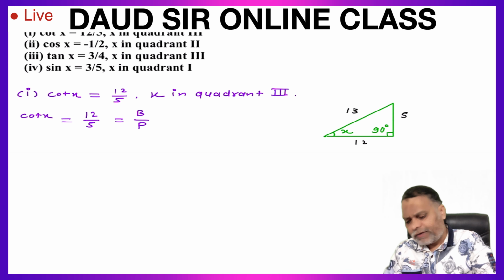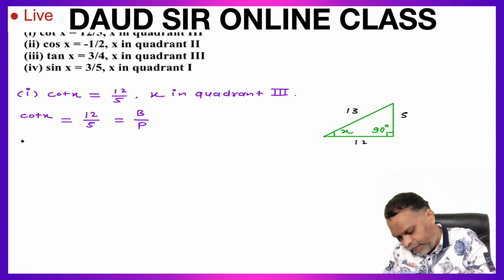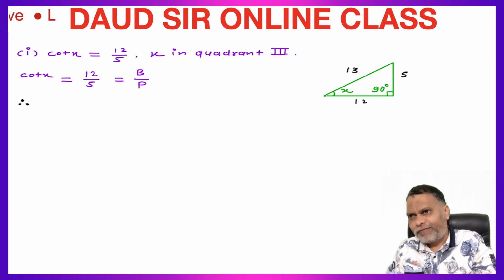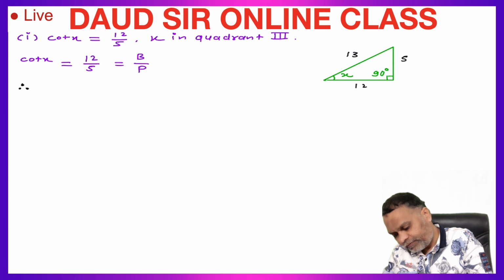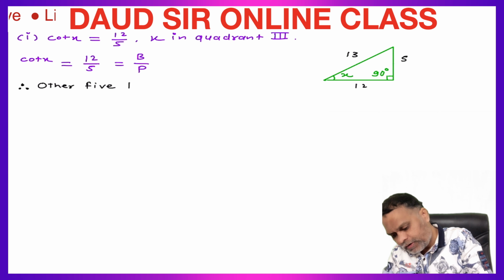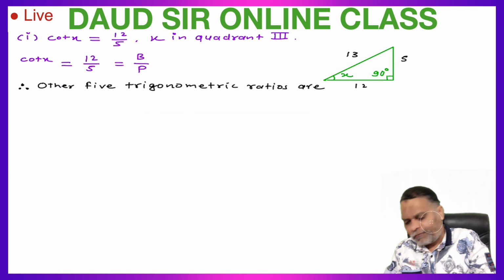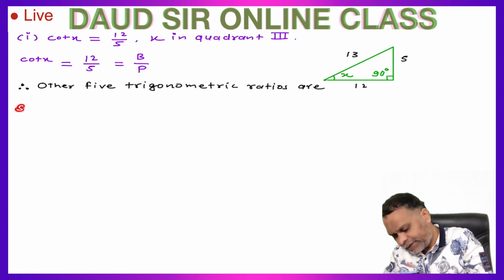Therefore, the other 5 trigonometric ratios are as follows. First we can start from sin x.